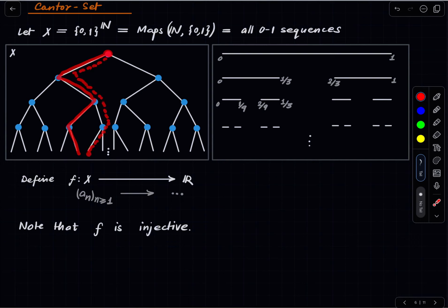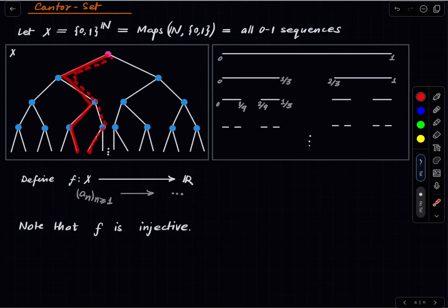The first time they diverge is at this level. I'll draw it again. So the first path is this, and the second path is that.